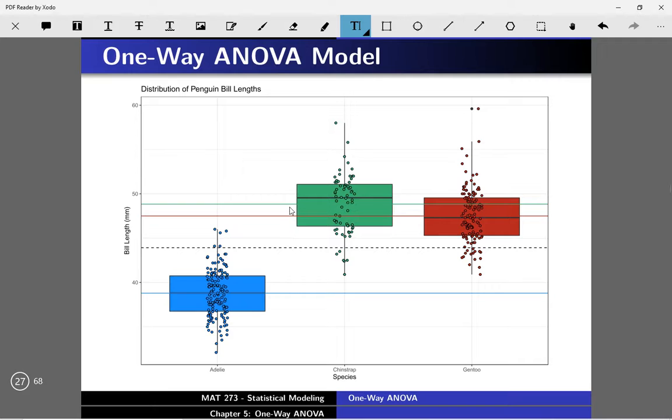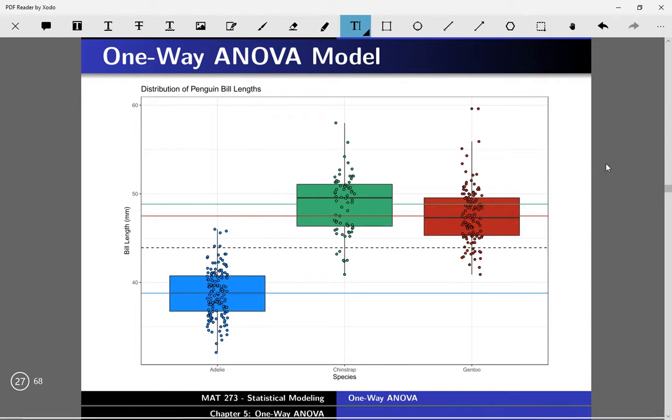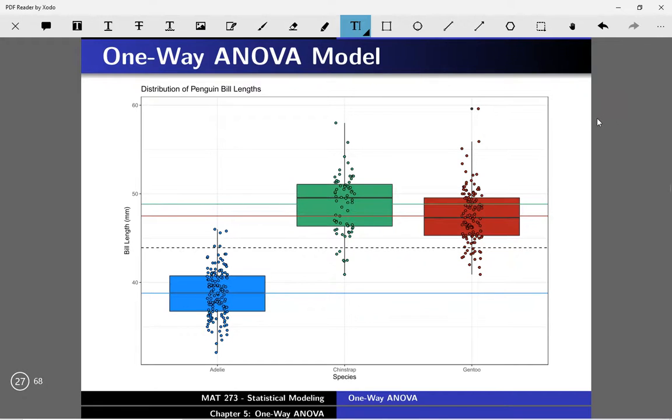So the alpha sub k for the chinstrap species is going to be positive because this distance from the black to green line here is positive. So this is just a way to visualize the different formulations of the ANOVA model here.